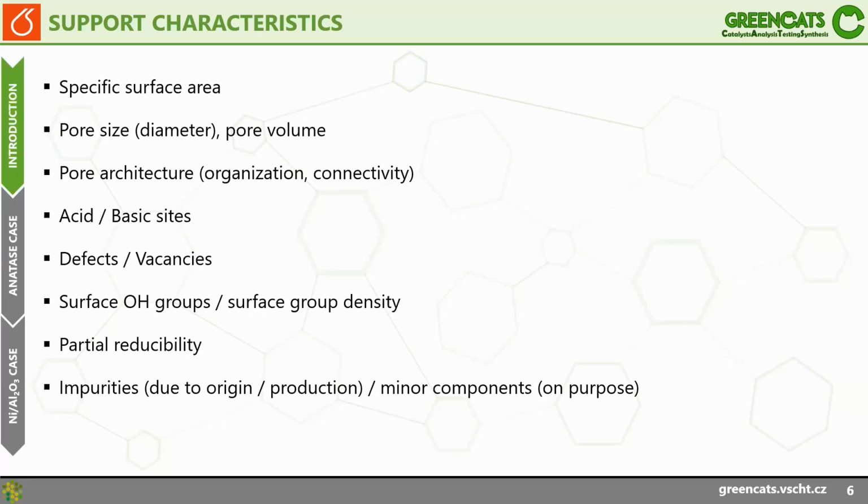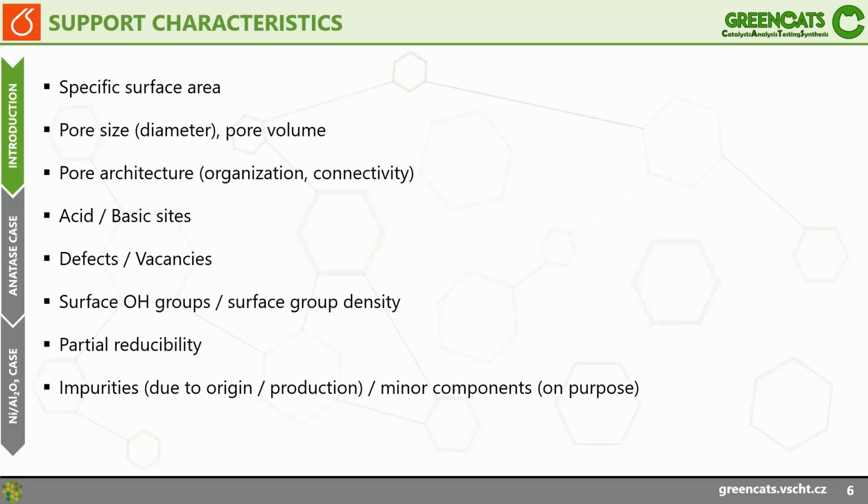But when we talk about oxide supports, like alumina or titania, this is not something that we tend to consider. Then, of course, the support has some sites on the surface, which could be acid sites or basic sites, and they can take part in the reaction or at least in the adsorption.